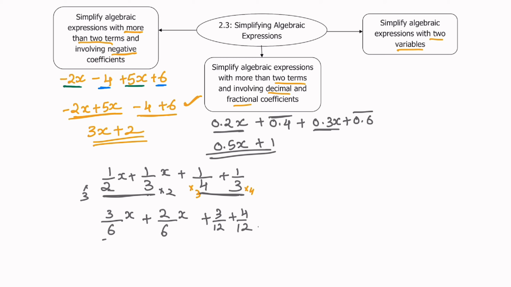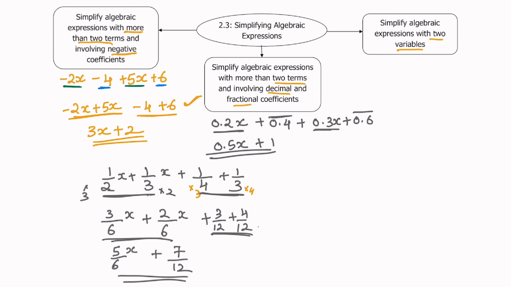Do you see these denominators here are equal and these ones are equal? So we can add. And are we going to add numerators or denominators or both? Well, only numerators. So this is 3x plus 2x, which is 5x, and that's 6 in the denominator, and 3 plus 4 is 7 and 12. So this is done. Are we going to add them now?